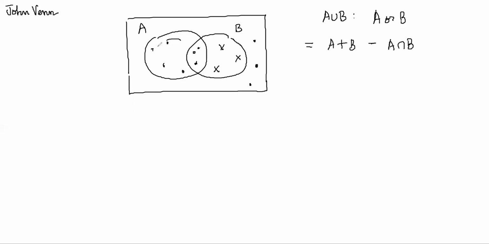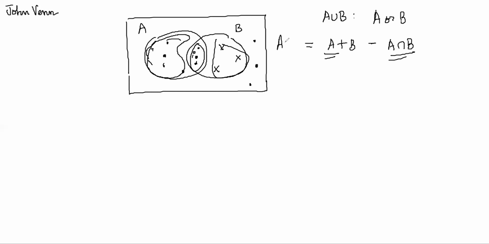Because these elements, they are double counted. A has these ones plus these ones, B has these ones and these ones again, right? So it is coming two times, so you have to exclude it once, right?